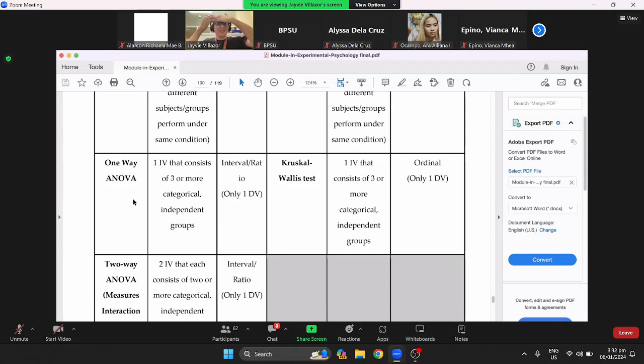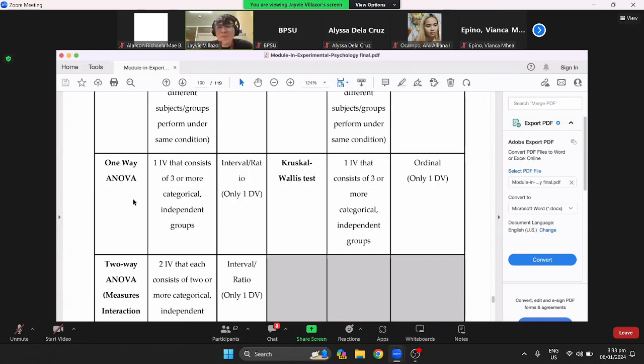Let's say, for example, ang independent variable mo ay types of teaching method. Can you follow? Isa lang yun na independent variable, pero yung levels niya, ilan? Tatlo. Kasi kay t-test, dalawa lang, pero kay one-way ANOVA, it should be three or more.